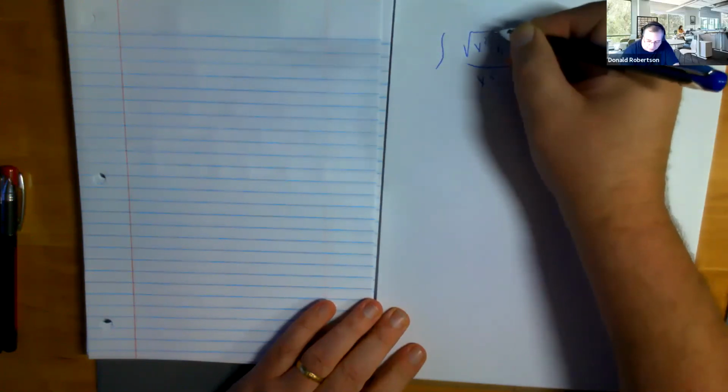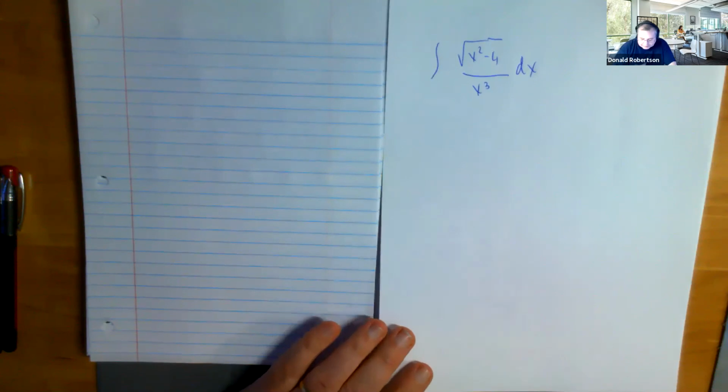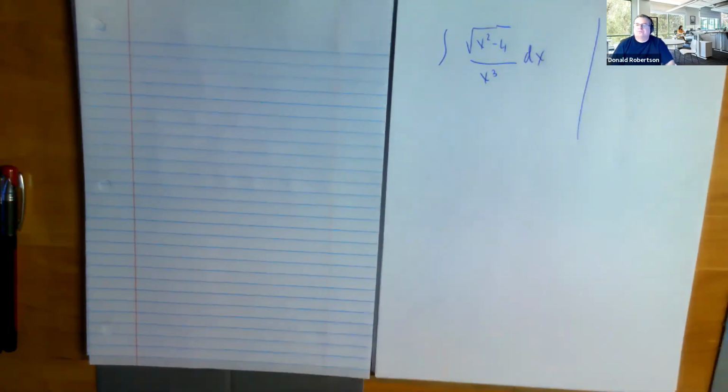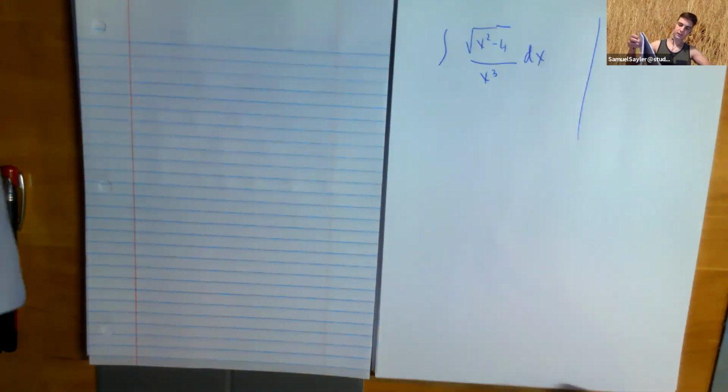Okay, so we'll use that one. This one has a plus c on it. Yeah, okay. What's the u sub for this question? I'm looking for my notes right now. The u sub I used was x equals 2 secant theta.